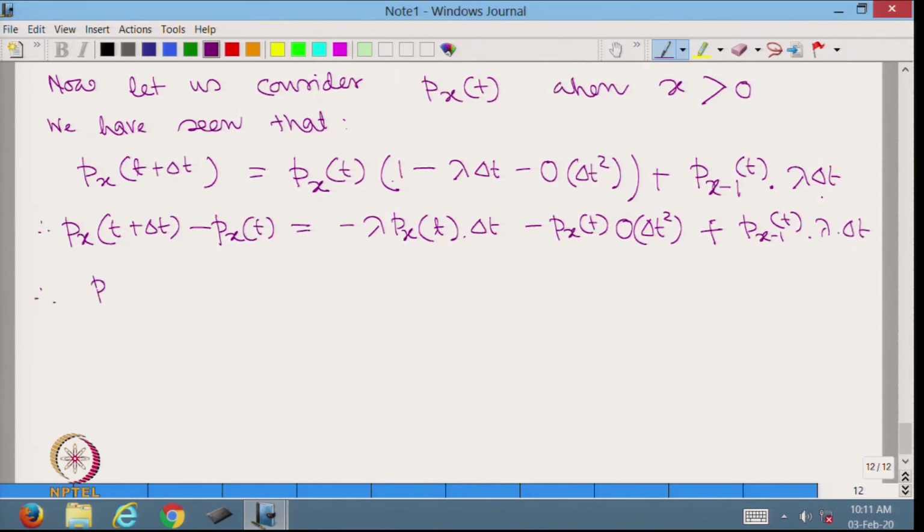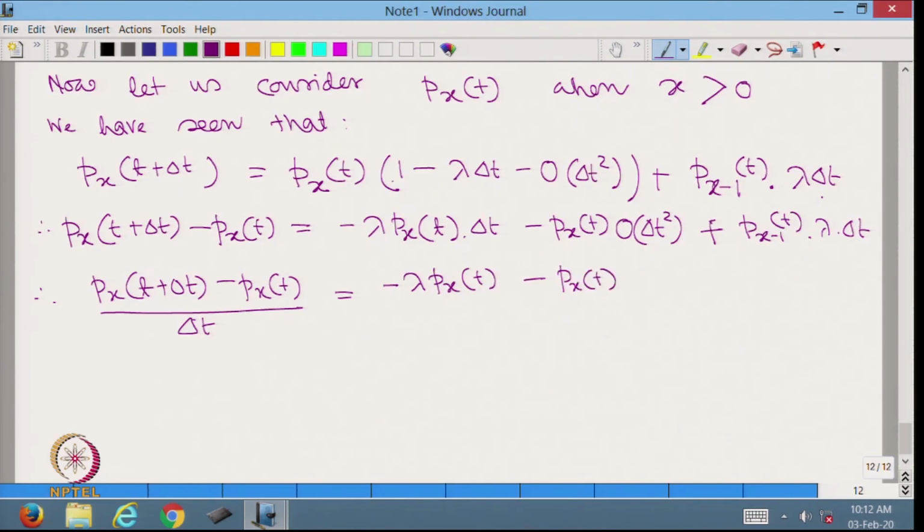Therefore, Px of t plus delta t minus Px t upon delta t is equal to minus lambda Px t minus Px t big O of delta t square upon delta t plus lambda times Px minus 1 t.